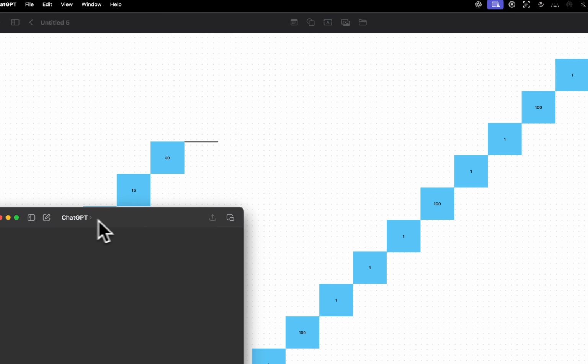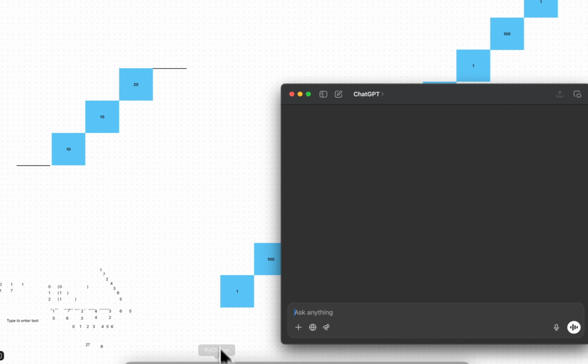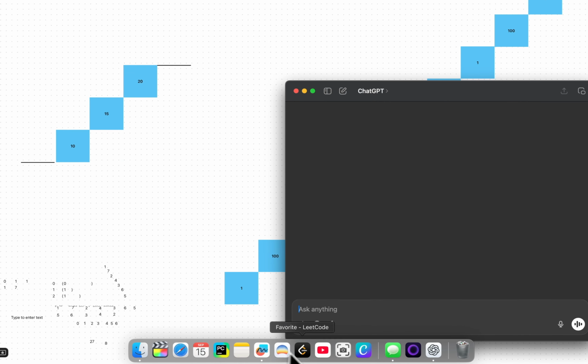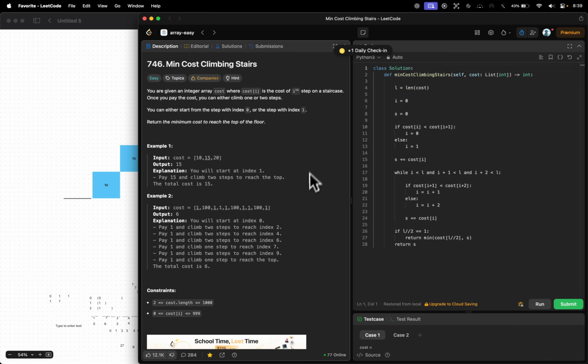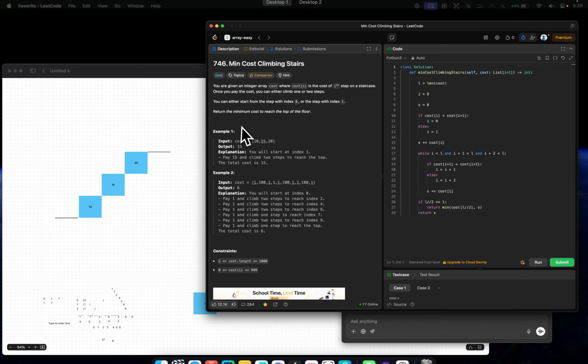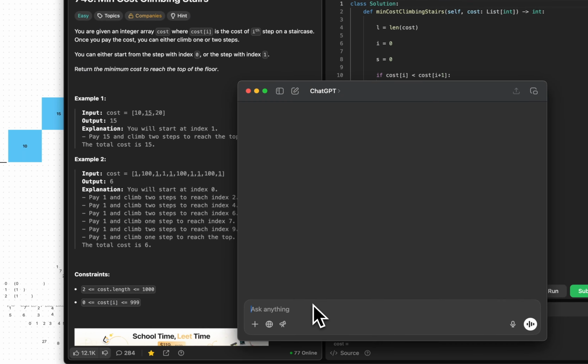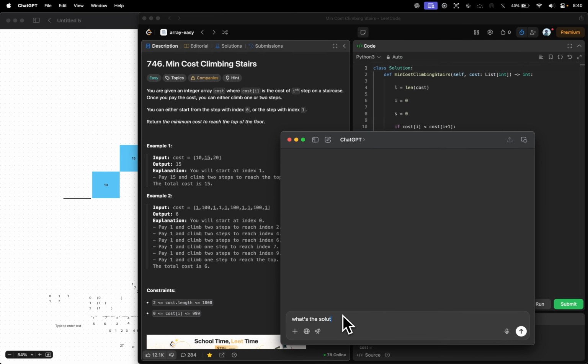Okay, so the question name was minimum cost climbing stairs. How can the solution be done?